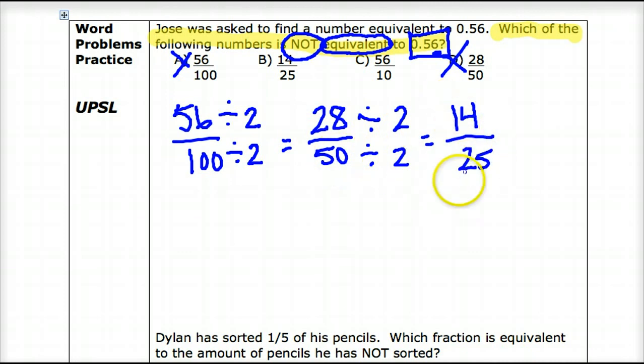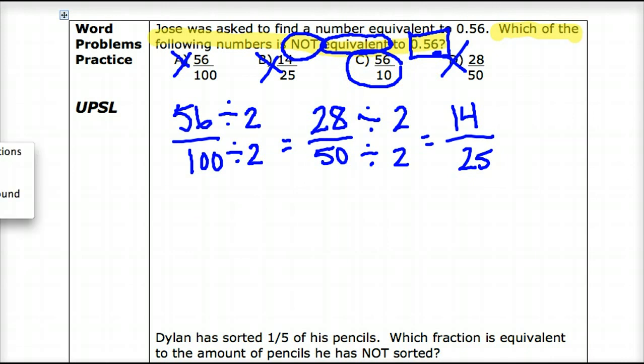So 14 25ths is also equivalent to 56 hundredths. So B cannot be our answer, and we are left with C, 56 tenths. In order to be 56 tenths, this 6 would have had to be in the tenths place, which would be impossible. So we know that C is the answer to this word problem.